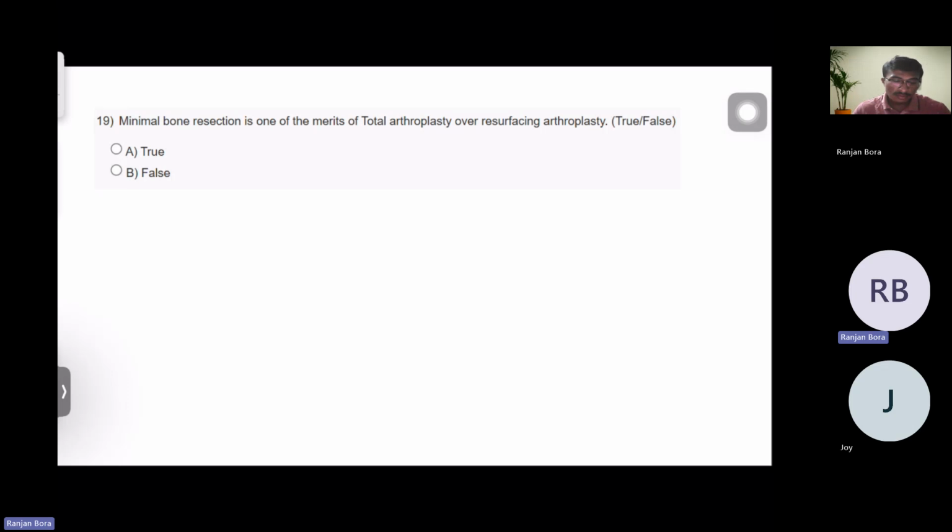Okay. Next question is, minimal bone resection is one of the merits of total arthroplasty over resurfacing arthroplasty. So is it a merit or demerit, minimal bone resection for total arthroplasty compared to resurfacing arthroplasty?